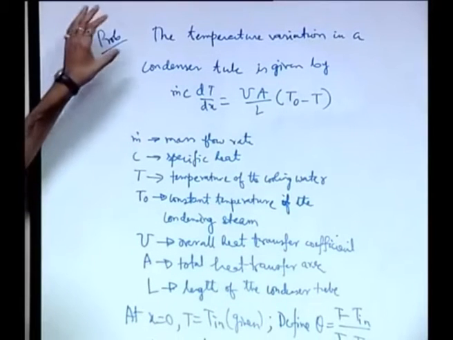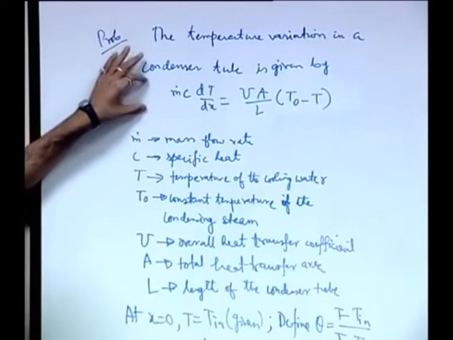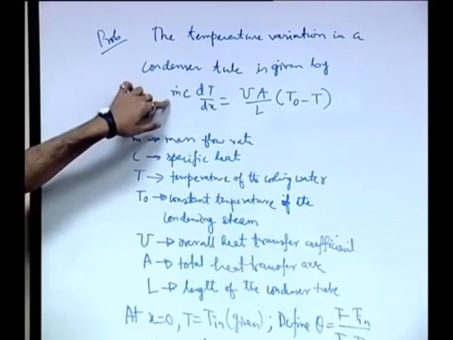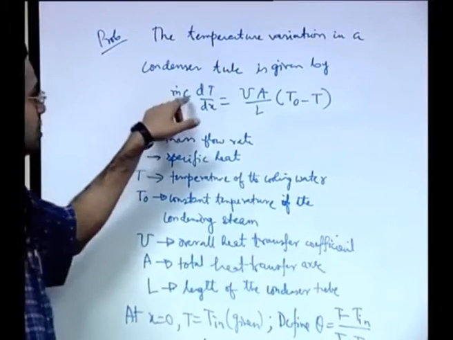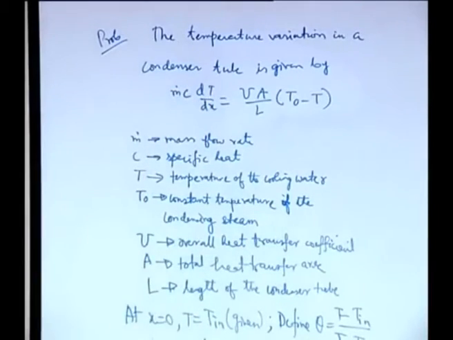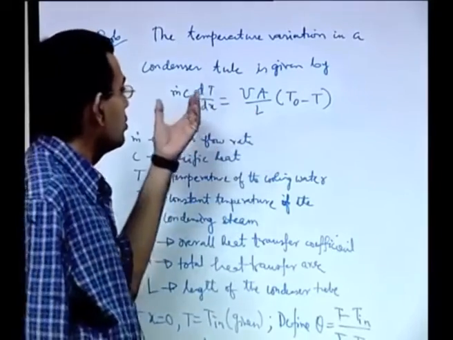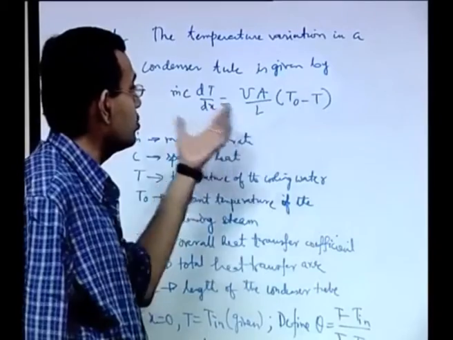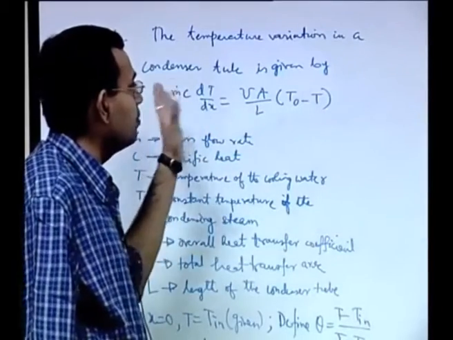So, the temperature variation in a condenser tube for the cooling water is given by this formula, m dot c dT/dx, where x is the axial coordinate of the condenser tube, equal to U A by L into (T0 minus T).